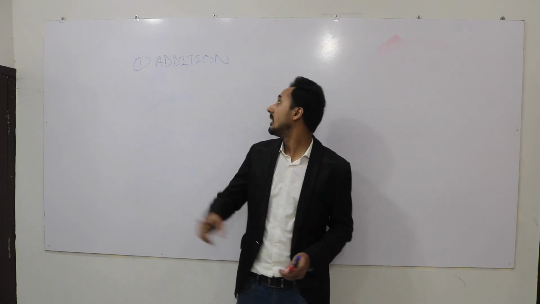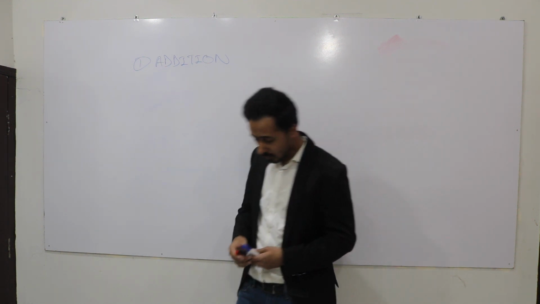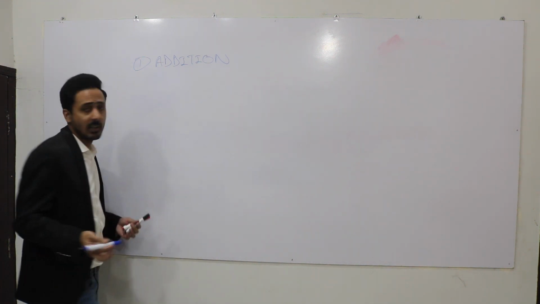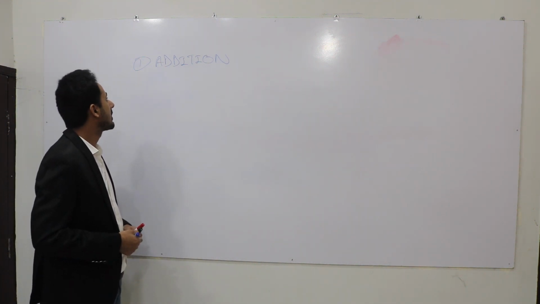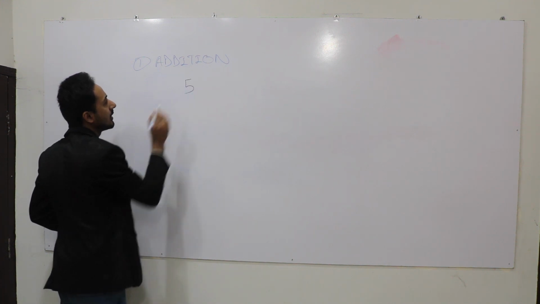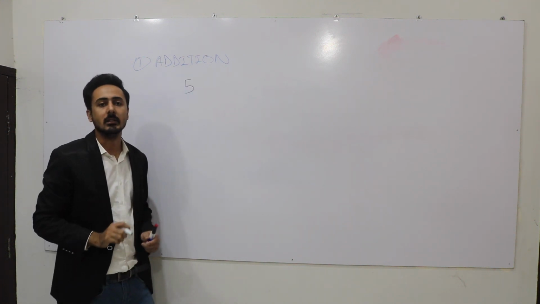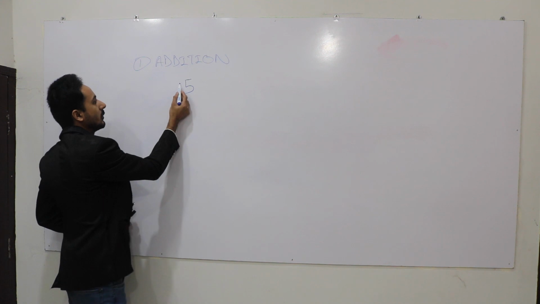Let's start with addition. So there are two types of addition. Firstly, let's discuss, if I write this number, it has a positive sign.